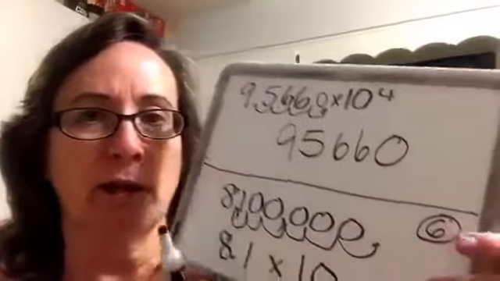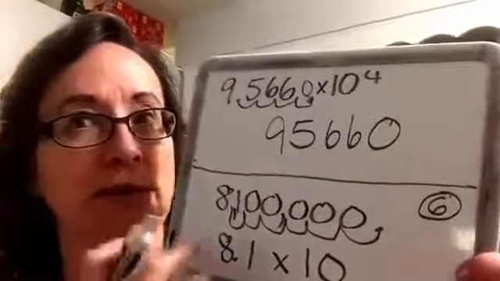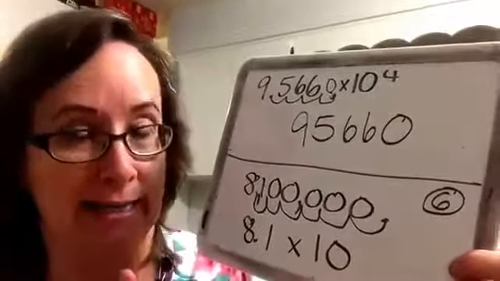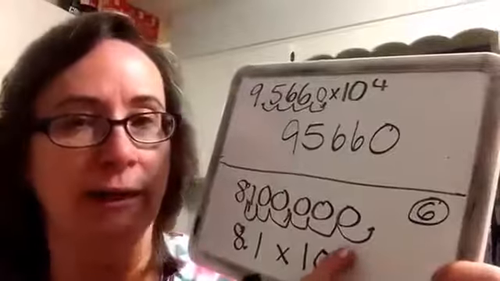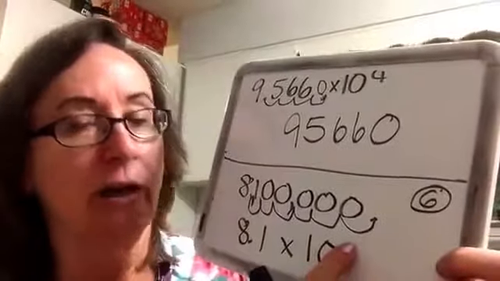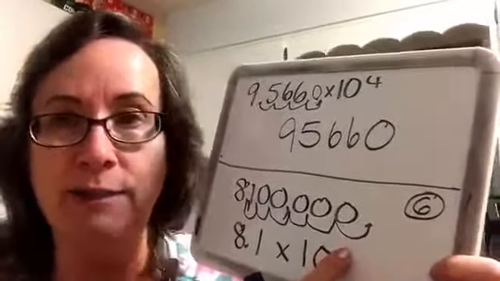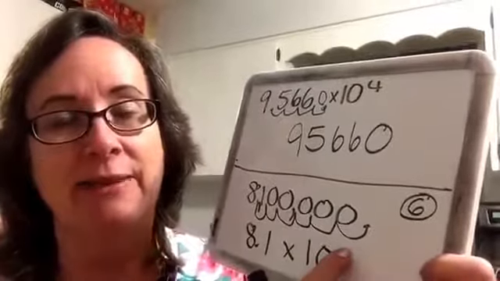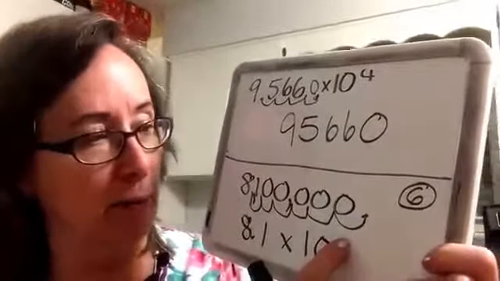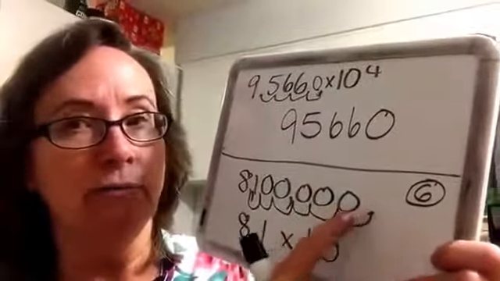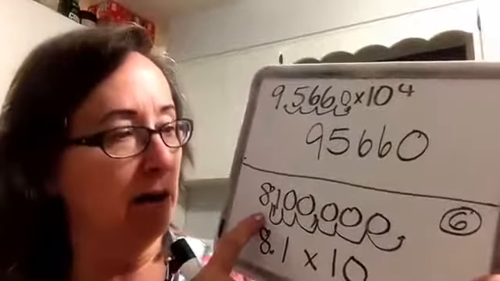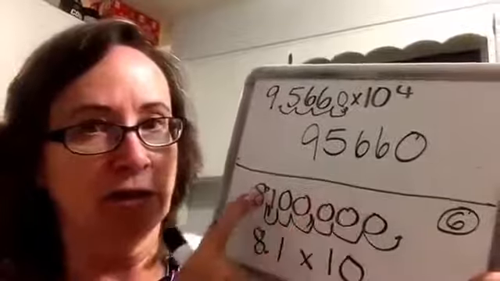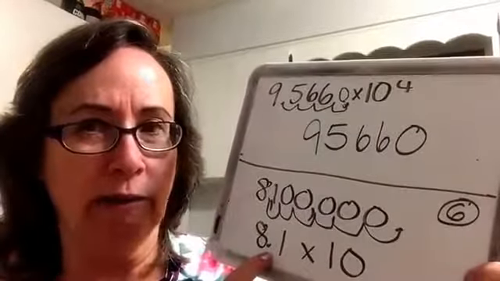Now, 6 is the number. 6 is the magic number that we had to move the decimal place. But are we going to put a positive 6 or a negative 6 right here? The rule is that we always want to have the same number that we started with. We moved the decimal to the left to get this first number in the correct form.